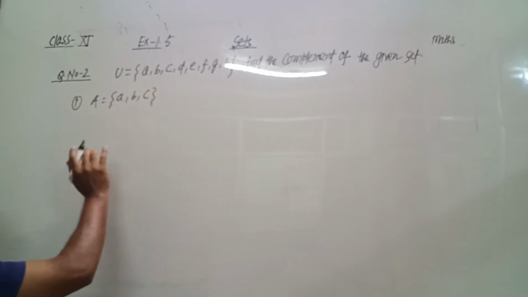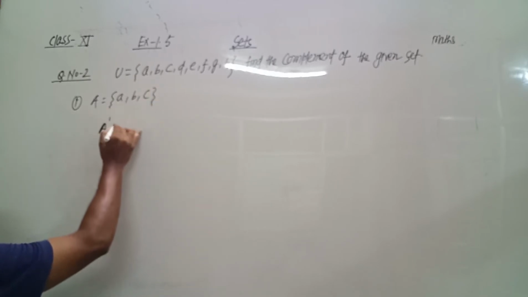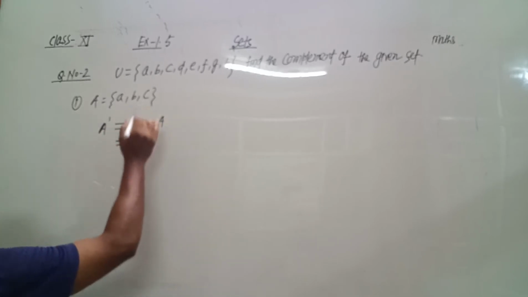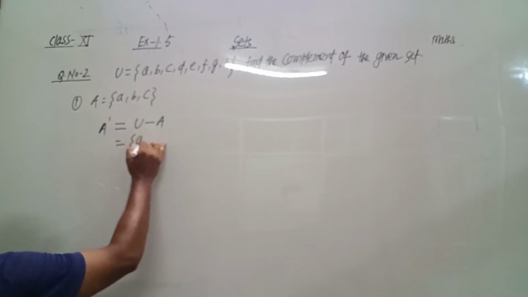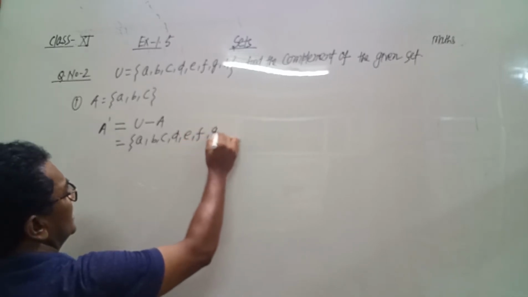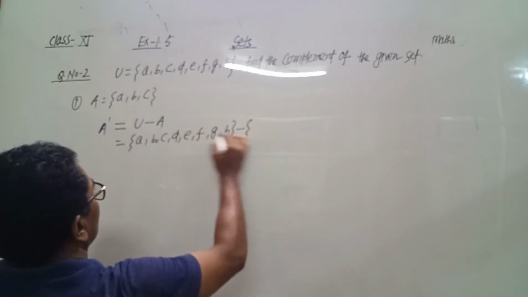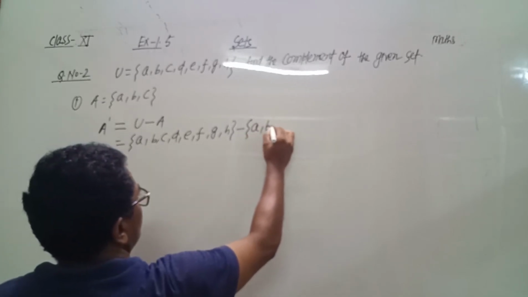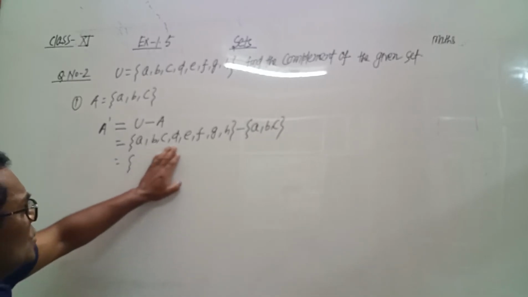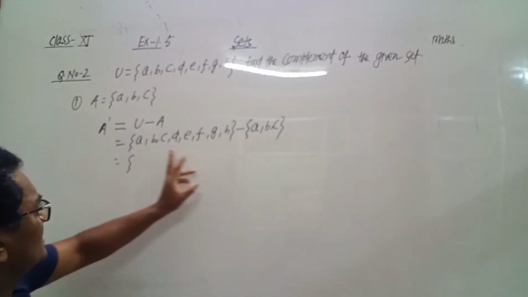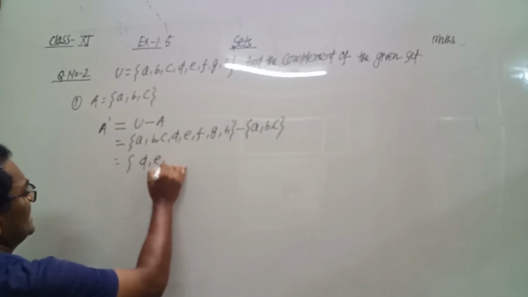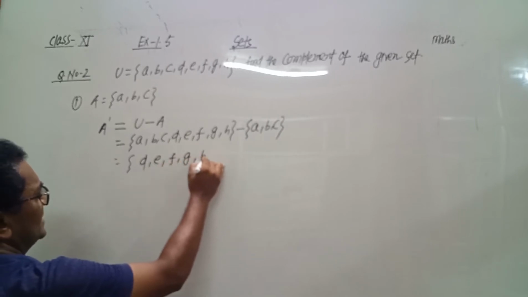So we have to calculate the complement of A. Complement of A means A dash, and A dash equals U minus A. The value of U is {A, B, C, D, E, F, G, H} minus A. Set A is {A, B, C}. So we write those elements which are not in the other set. A, B, C is available, so its complement will be {D, E, F, G, H}.